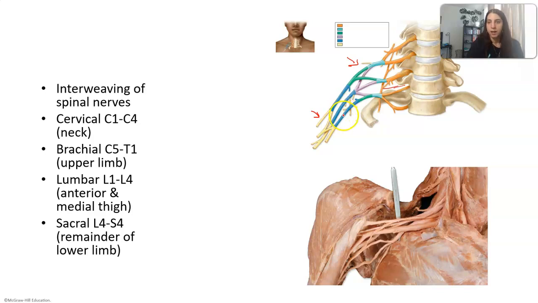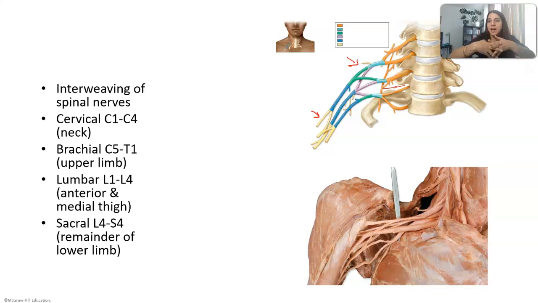When we think about why this happens, it's quite interesting. Why not just have one cable coming out of the spinal region and innervating a particular region in the gut, let's say, or in the upper limb? Well, if you have damage to a spinal nerve, you don't completely lose innervation of its target because of this braiding, this redundancy of axons.